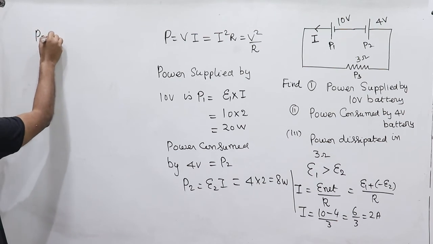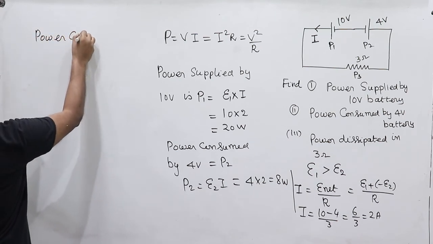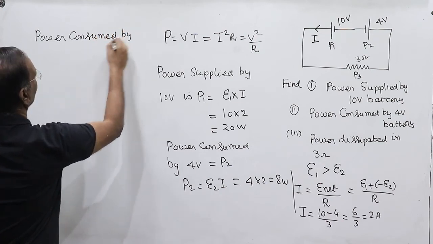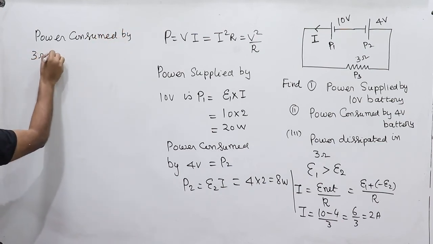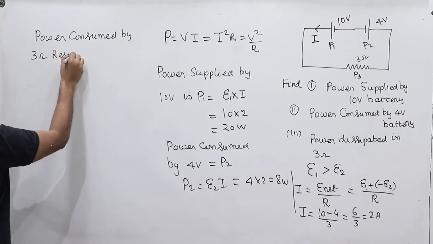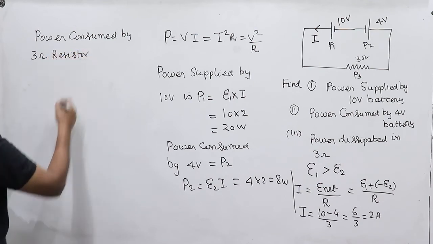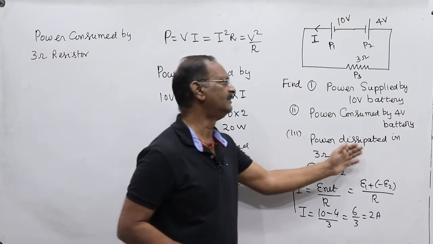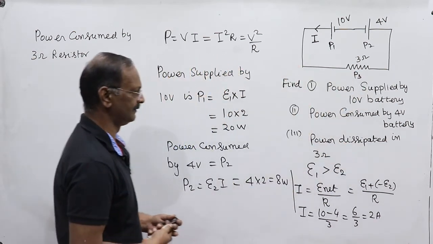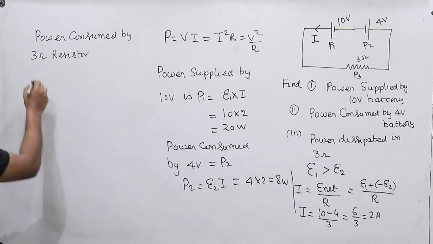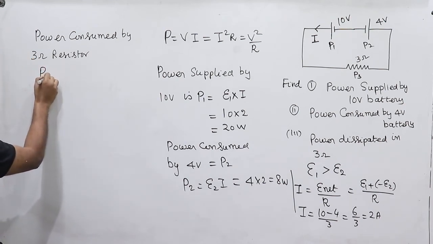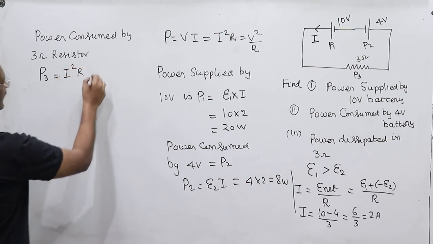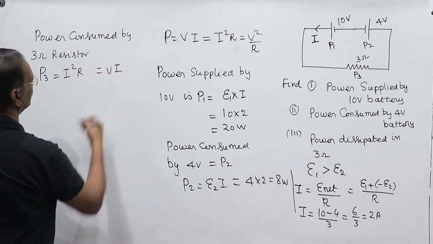So let us calculate the power consumed by the 3 ohm resistor. That is the power dissipated in the form of heat in the resistor. We call it P3, and we can use the formula I square R, or V into I. Both will give the same answer.